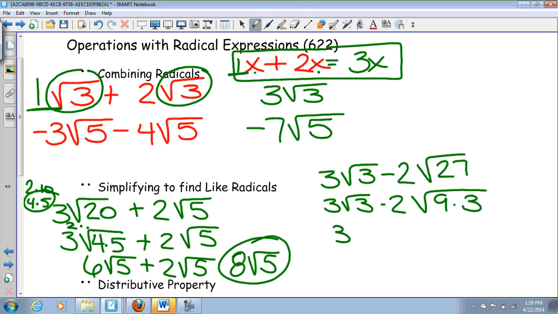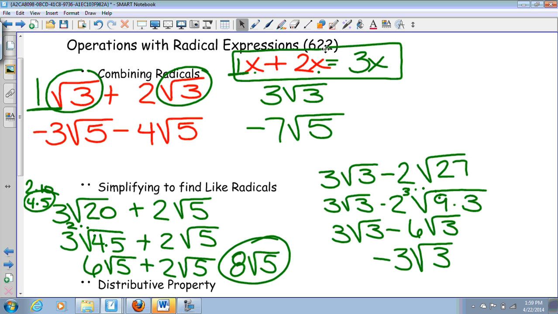Okay? 3 times the square root of 3 minus, when I pull out 9, it becomes a 3. 2 times 3 is 6 times the square root of 3. 3 square roots of 3 minus 6 square roots of 3 becomes negative 3 square roots of 3. Okay? Simplifying to find like radicals and combining like radicals.